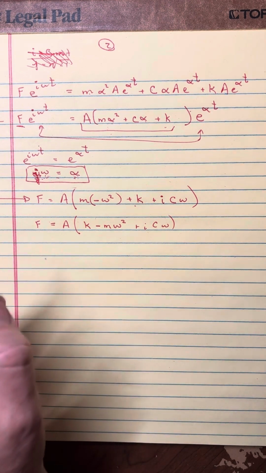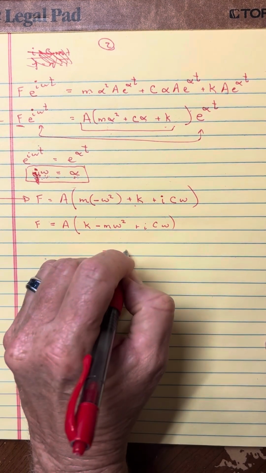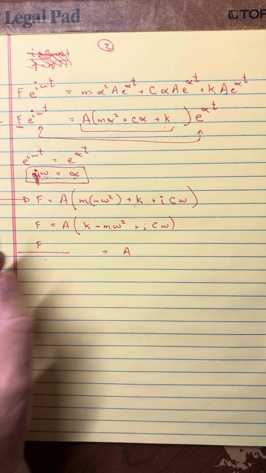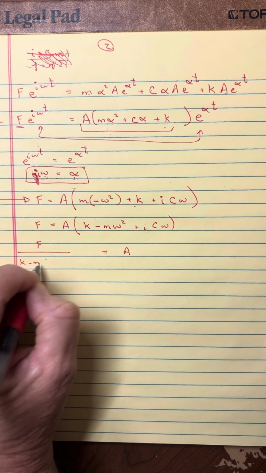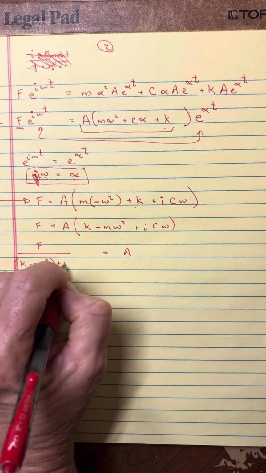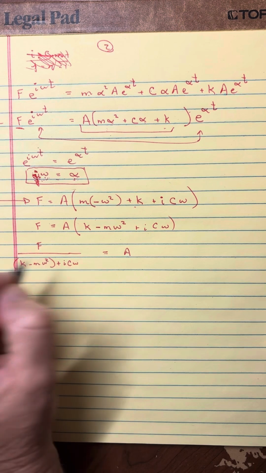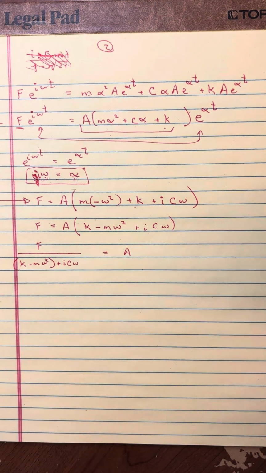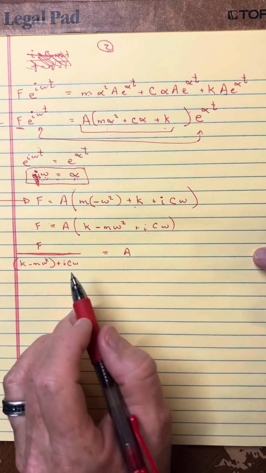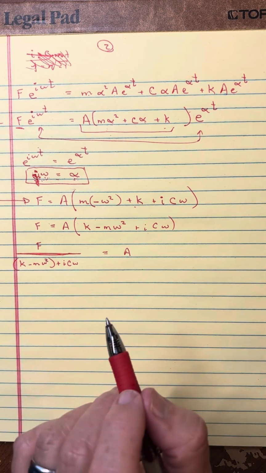Or maybe I should write this in terms of A. This would say A equals F over K minus M omega squared plus i C omega. And so that's great. That is a solution. Now, it's a complex number, but it is a solution.